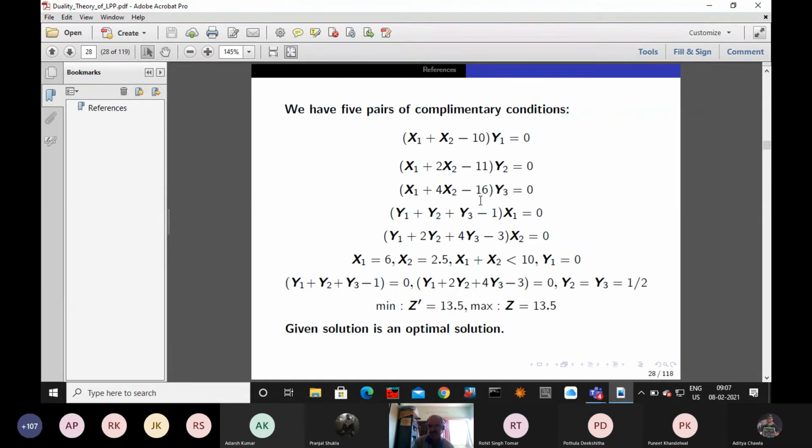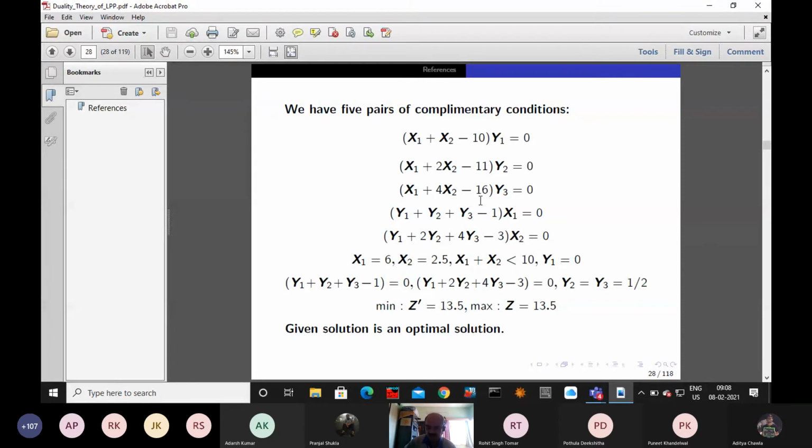Now we have two equations, two unknowns. If we solve, we find y2 equal to y3 equal to half. The objective function value is becoming 13.5 for the primal, and for the dual also 13.5.